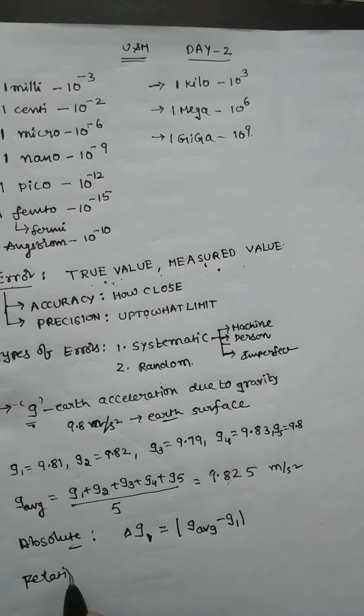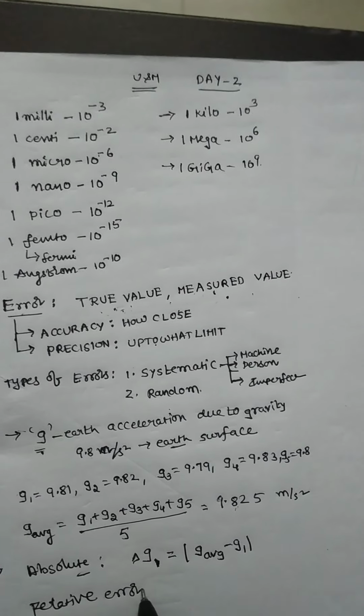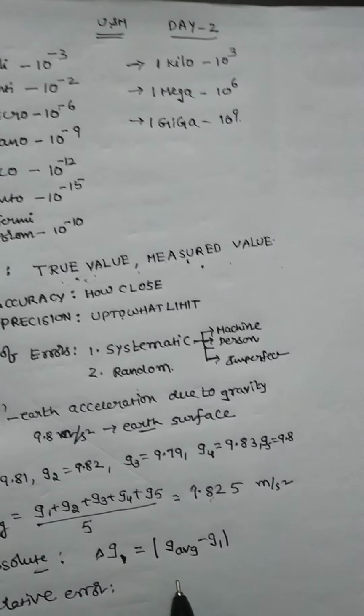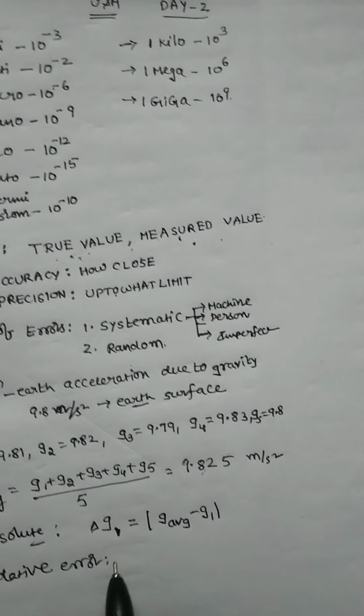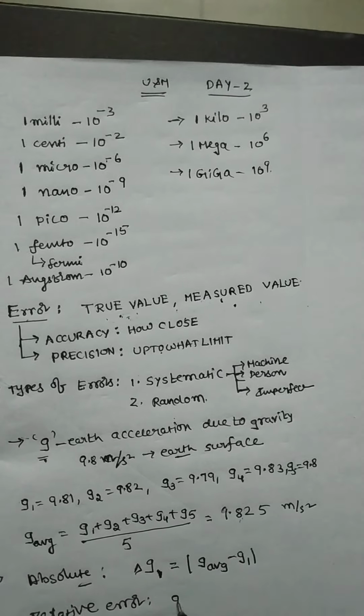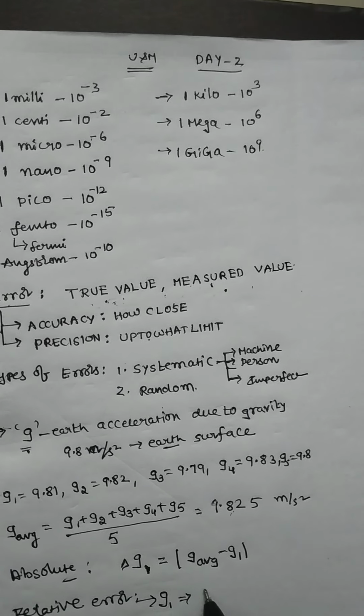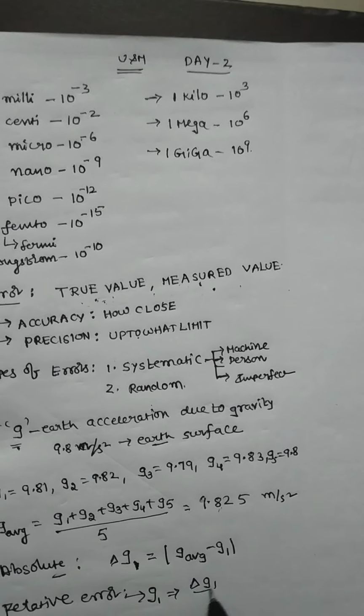Next, relative error. For example, I want to find out the relative error in G1. That relative error in G1 is represented as delta G1 by G1.